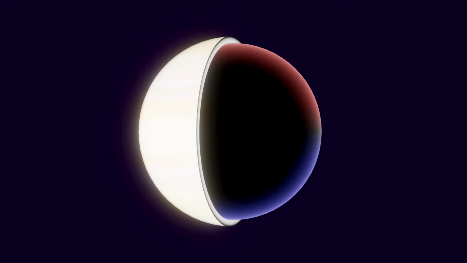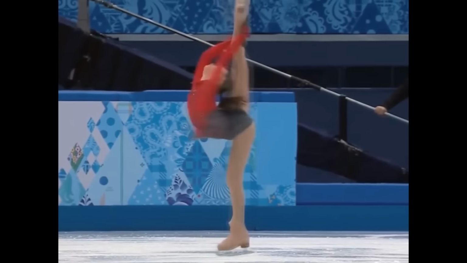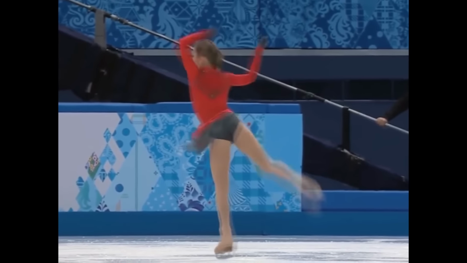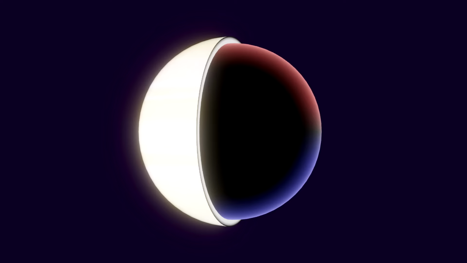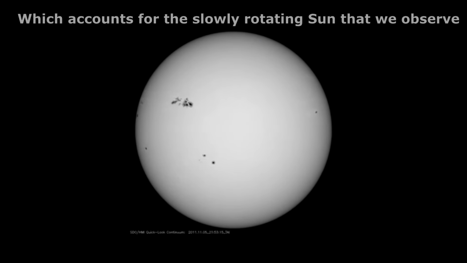The inside of the shell is a cavity, a creation of subspace. Like a spinning ice skater, extending her arms and reducing her spin, the expanding sun's rotation is reduced in accordance with the laws of angular momentum.